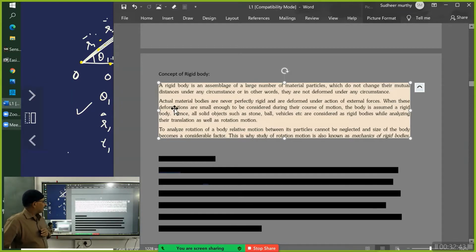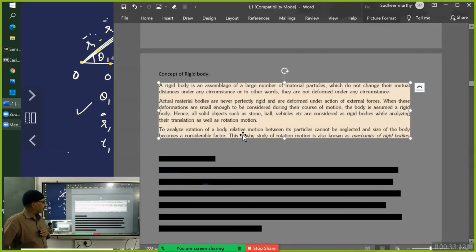Actual material bodies are never perfectly rigid and are deformed under action of external forces. When these deformations are small enough to be neglected during their course of motion, the body is assumed to be rigid. Hence, all solid bodies such as stone, ball, vehicles, etc. are considered as rigid bodies while analyzing translation as well as rotation motion.